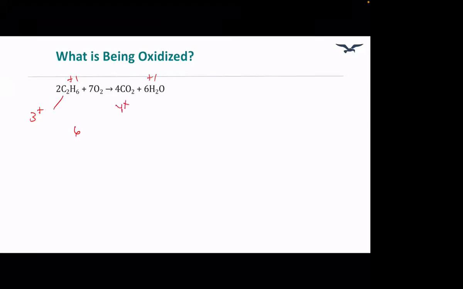That's CO2. The oxygen's being reduced, same as always, from 0 to -2. It's going to be -2 in all these places. So oxygen's going from 0 to 2-, and there are 14 oxygens, so 28 electrons.